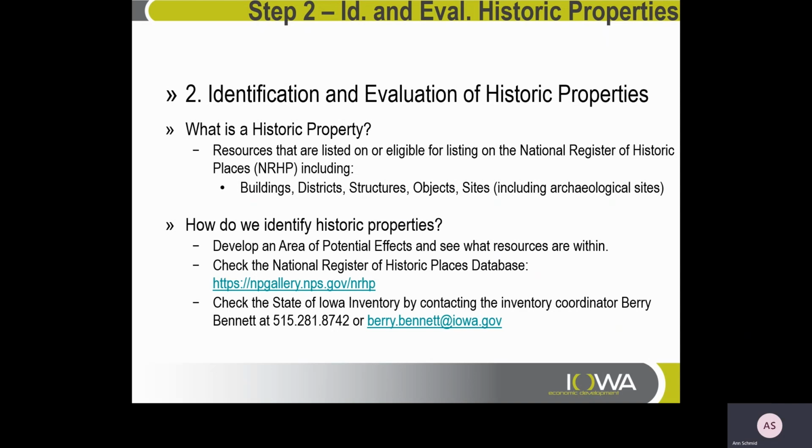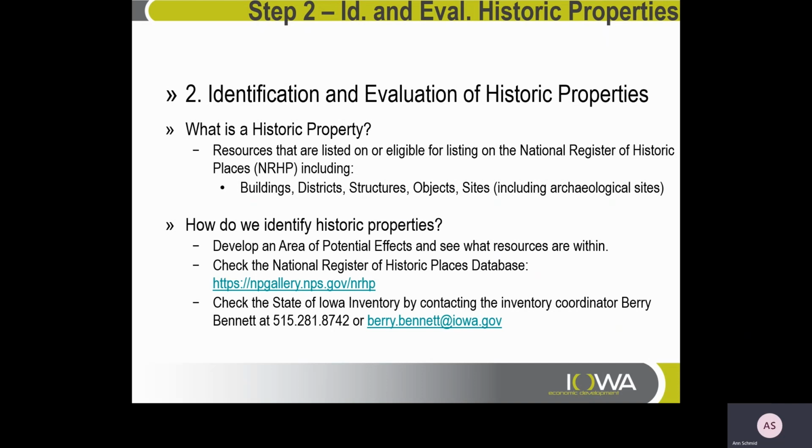How do we identify historic properties? Well, the first thing we need to do is develop an area of potential effects to see what resources are within that area. Then we check the National Register database to see what's already listed. We check with the state inventory to see what's already in the state inventory but may not be listed on the National Register.